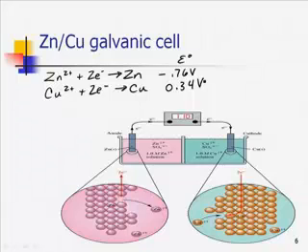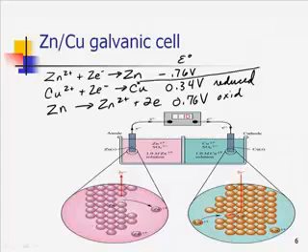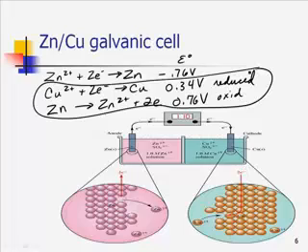So what we would predict when I hook these two half cells up is that the copper is going to be reduced and the zinc will be oxidized. It's going to have the potential of the oxidation; you just flip the sign. So these are the two reactions that are going to be occurring.